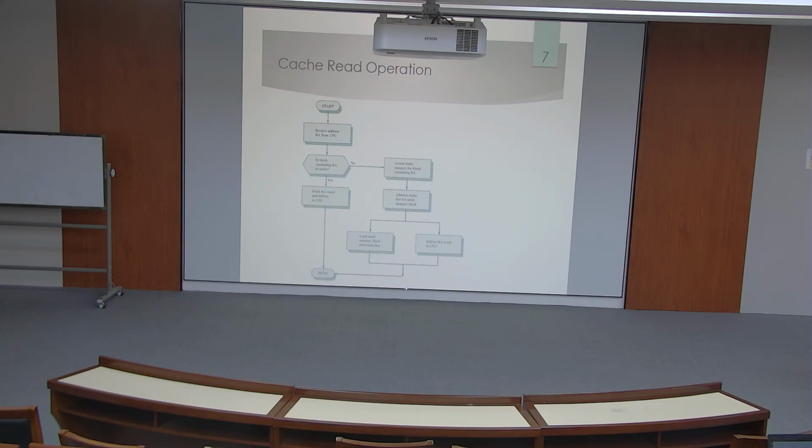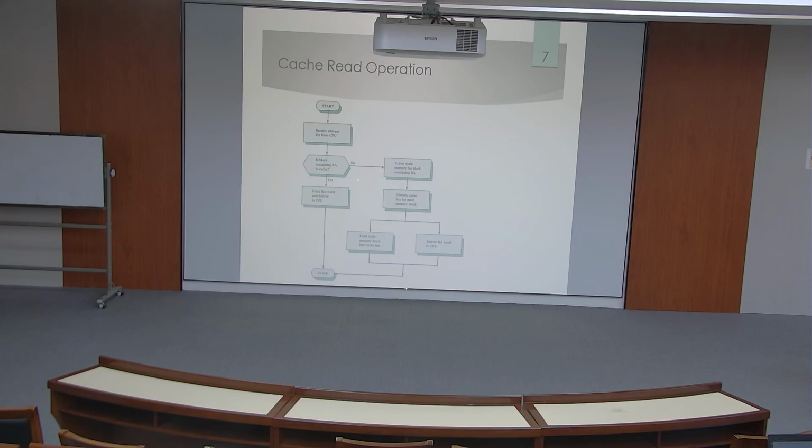All right, so we have the cache read operation. The system receives the address, let's call it LA, from the central processing unit. Now, the system has to check if the block that contains the LA address is in the cache. If it is in the cache, that is a hit.